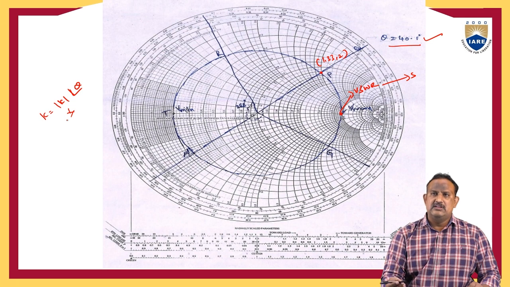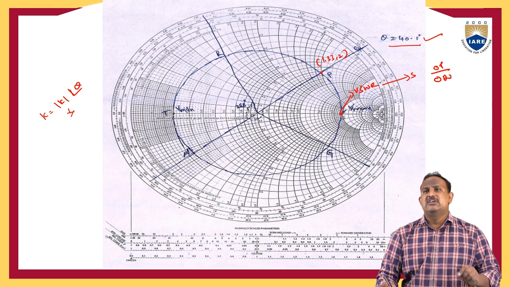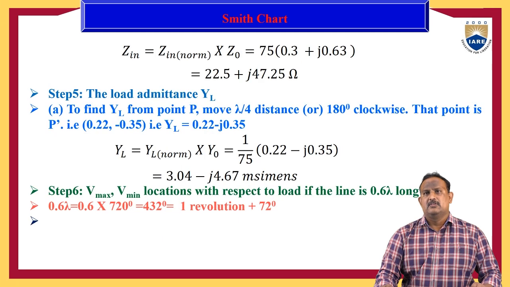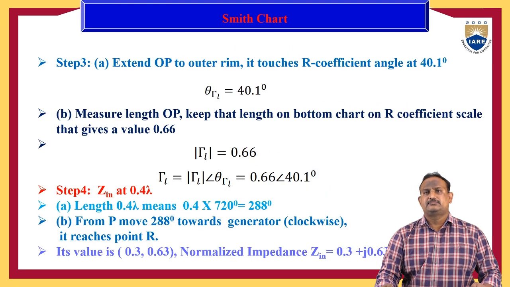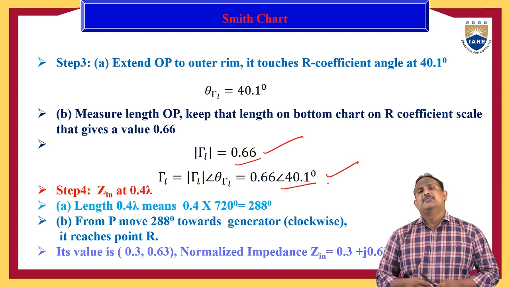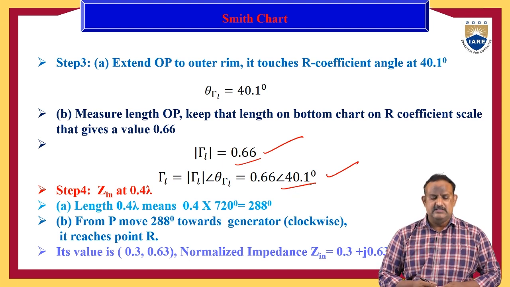Or, in another way, the ratio of OP to OQ will give the magnitude. Therefore, the magnitude is 0.66 and the angle is 40.1 degrees. So the reflection coefficient is 0.66 with angle 40.1 degrees.